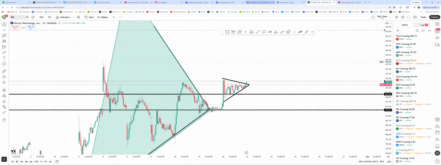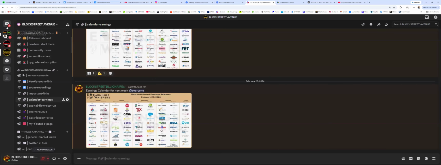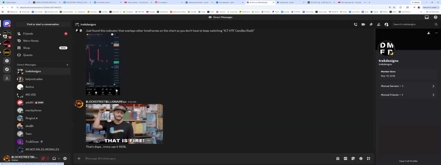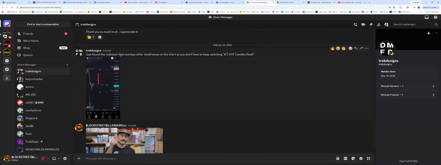Let's look at the tool. Trek Designs sent this. Do you see this? He said, I just found this indicator that overlays other time frames on the chart so you don't have to keep switching candles.